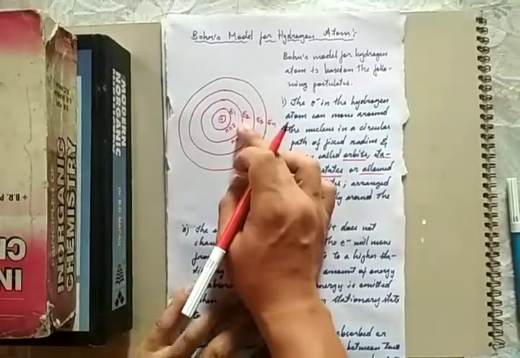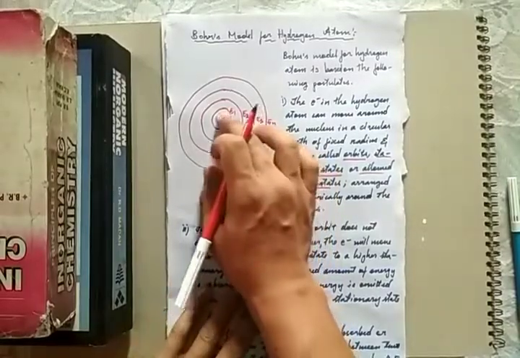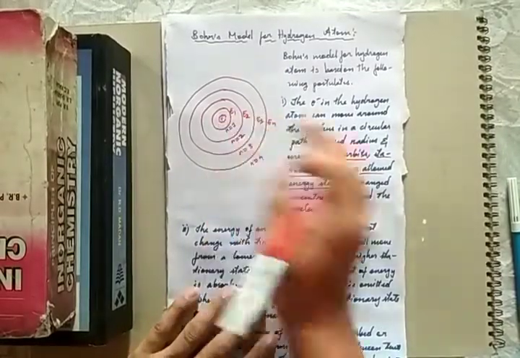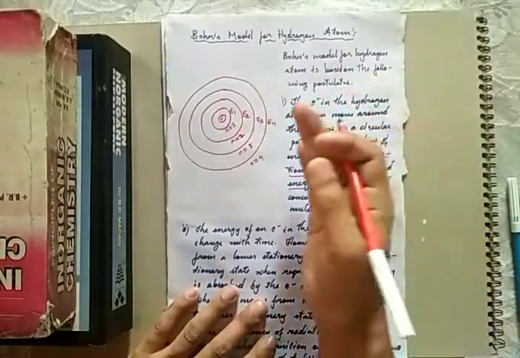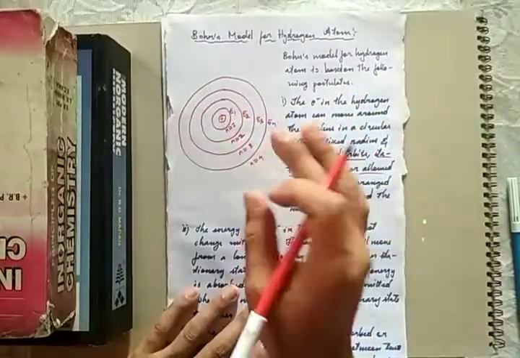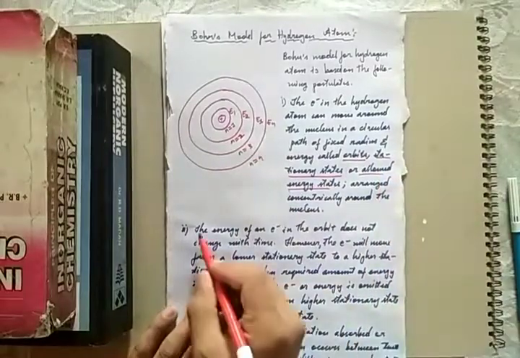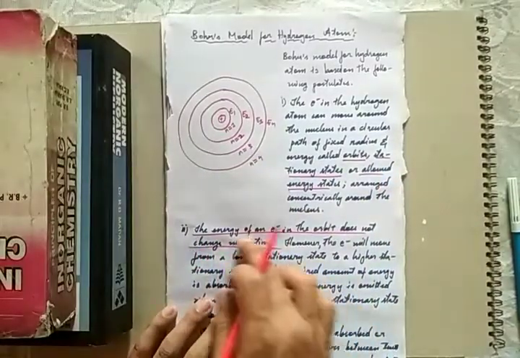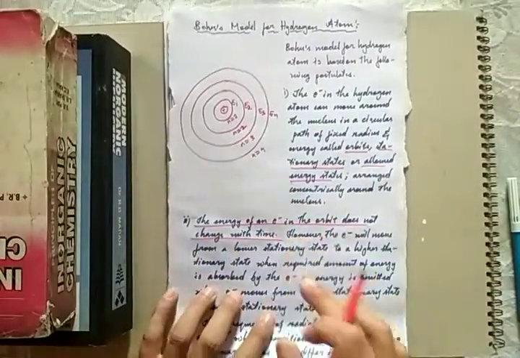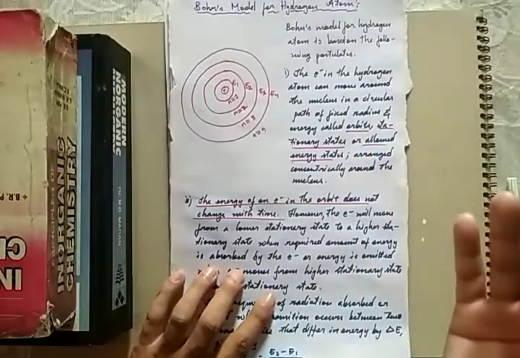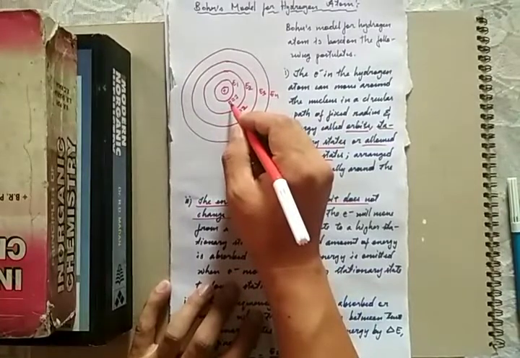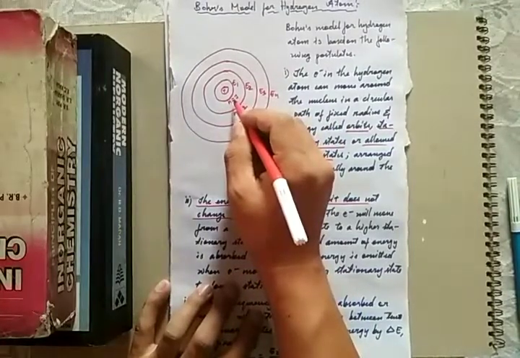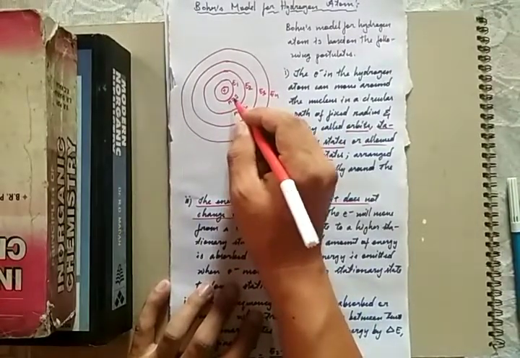The energy of the electron in the orbit does not change with time. However, an electron will move from a lower energy state, n equal to 1, which we call the ground state.